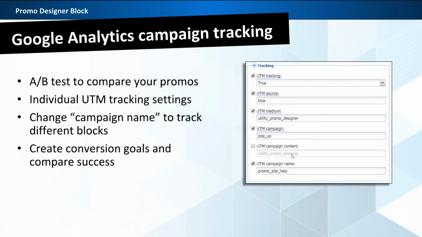So using UTM tracking, it's possible to create goals or different types of comparisons, and you can say, for this particular campaign, I want to make sure that 15% of the people click on it, and then you can see how successful that goal is and compare it to other pop-ups. So it's a great way to do A/B testing and to see how the different messages perform, and to really see what's working for you and what people react to positively.